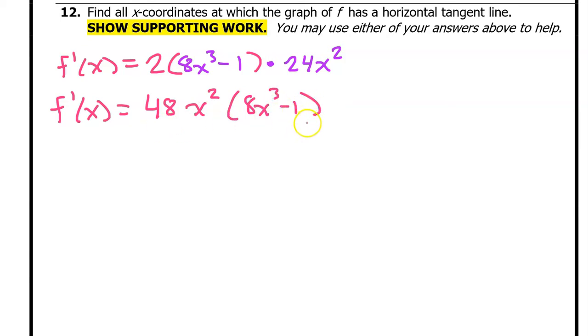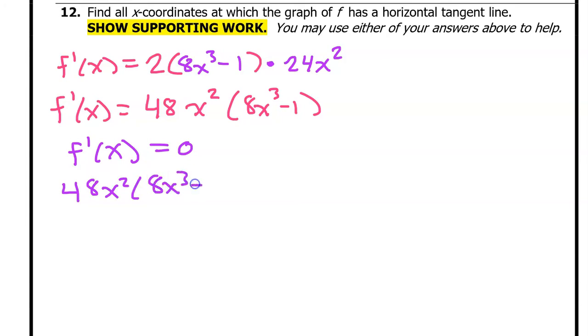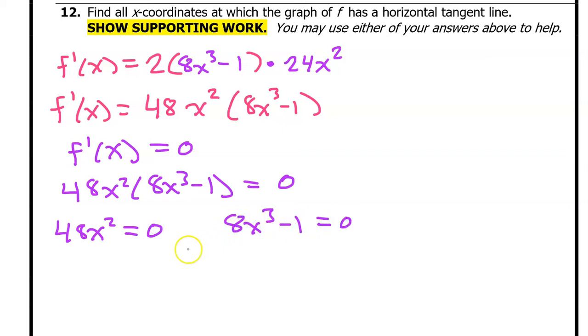So we have this. But if f is to have a horizontal tangent line, that means that f prime must equal 0. So I'm going to set this equal to 0 and solve. Using the zero product property, that means that 48x squared could equal 0, or 8x cubed minus 1 could equal 0.